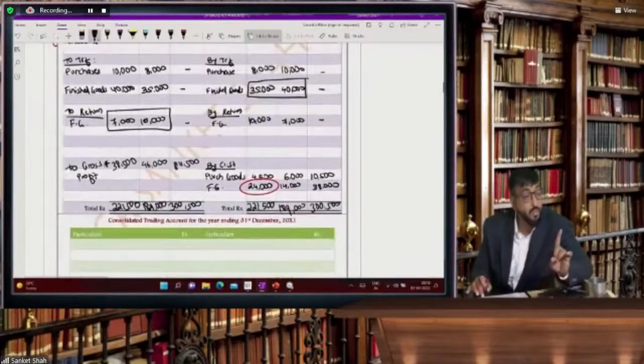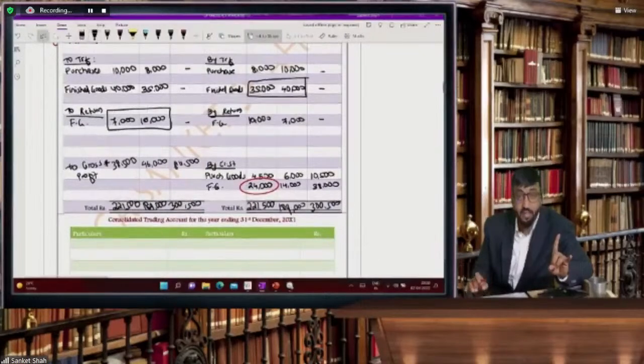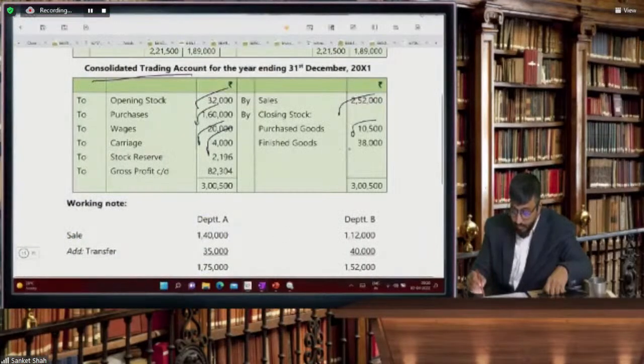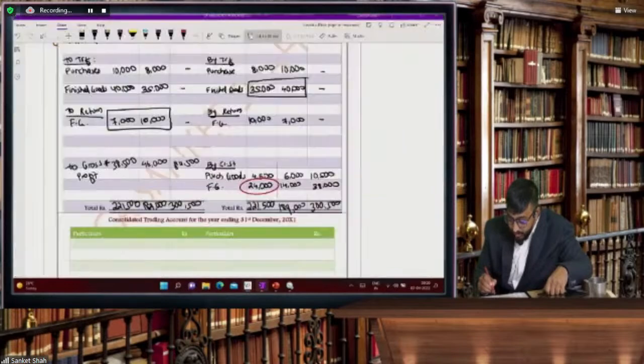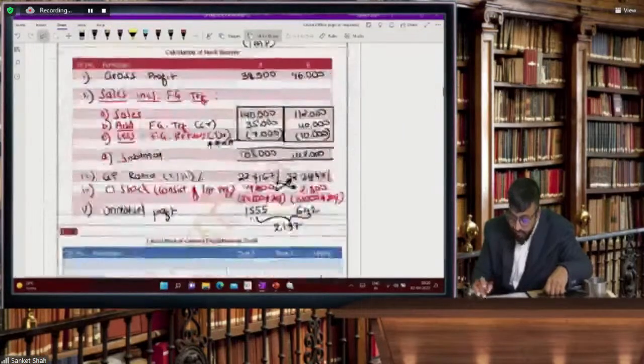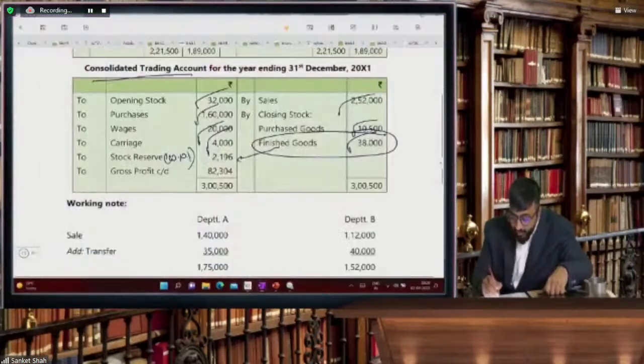Don't take total of internal transfer. I already told you. Internal transfer are not considered in consolidation. So 10,500 and 38,000. And this includes loading, for which we calculated working note 1, and see the answer is 2196. I say answer and our answer is 2197.